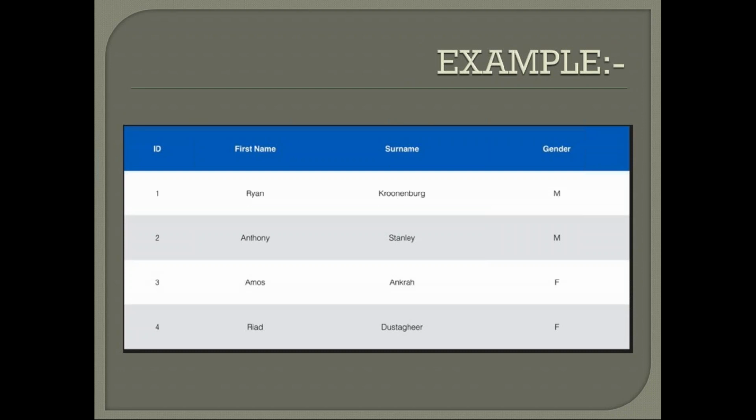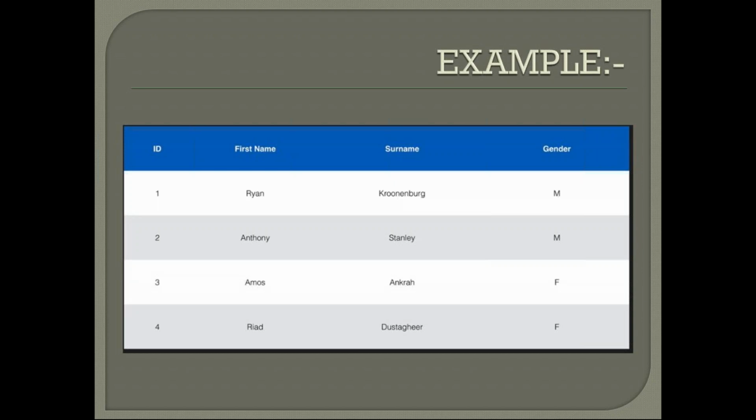For example, if you are opening a bank, it needs a database to be maintained to keep the history, name, and account details of a customer. Here it shows a table with 4 columns and 4 rows, so it's 4 by 4.